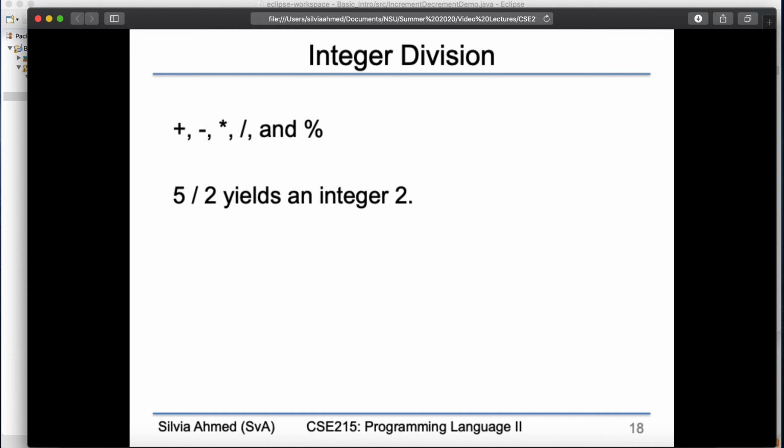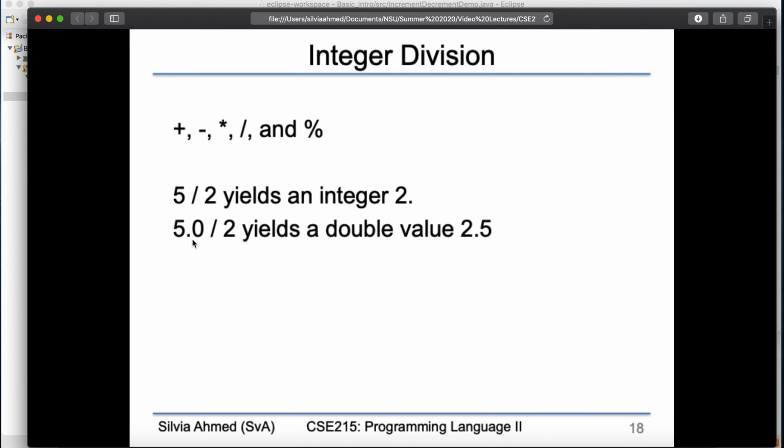So when you have the result 2.5, to have the integer, it will discard 0.5 and give you back only 2. To have 2.5 as an output, you should make either one of the input values or both of them not integer.